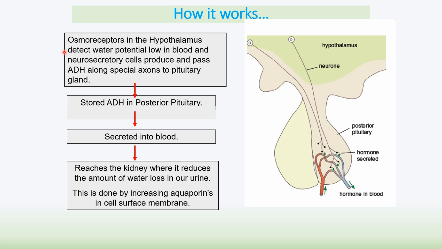As they shrink, they detect that change and they pass ADH along a special axon to the posterior pituitary gland where the ADH is stored. It then gets secreted into the blood and then goes via the blood to the kidney, where it will attach to a protein receptor, transmembrane receptor, and activate a series of reactions which cause aquaporins to approach the cell membrane.